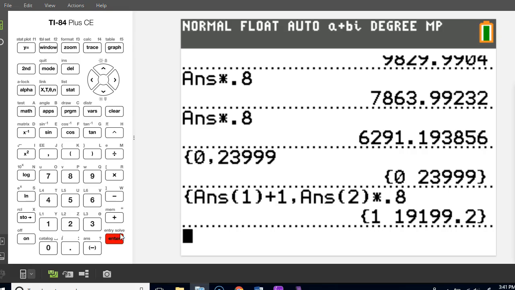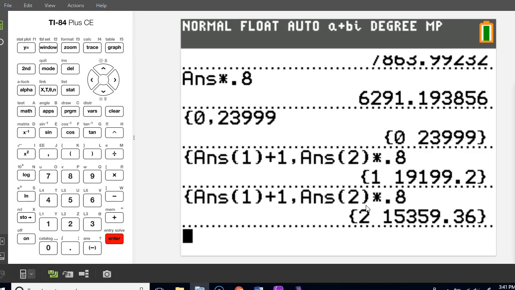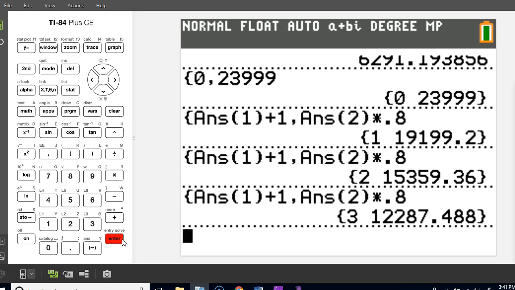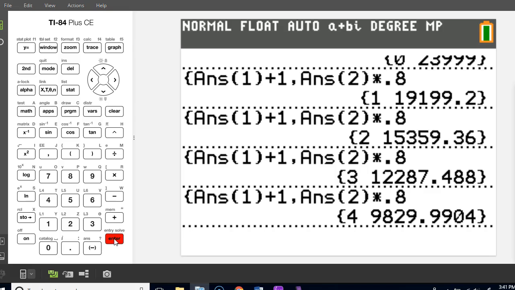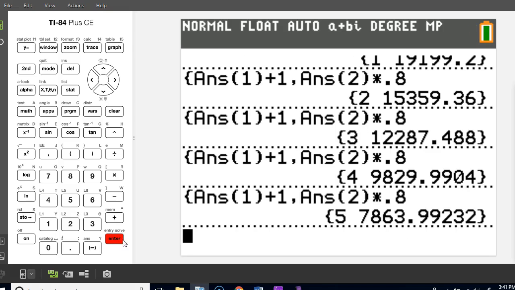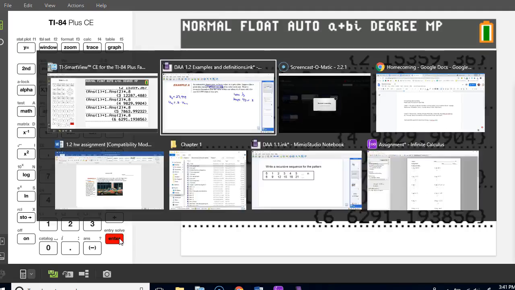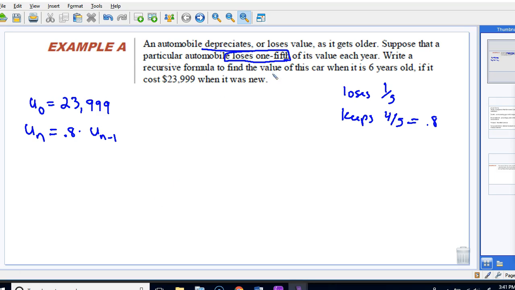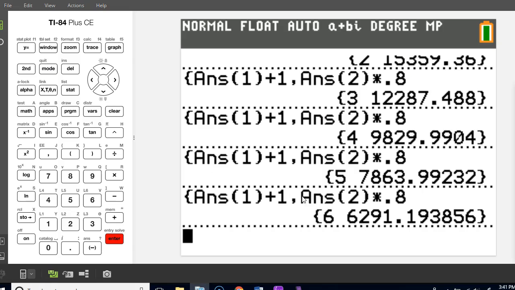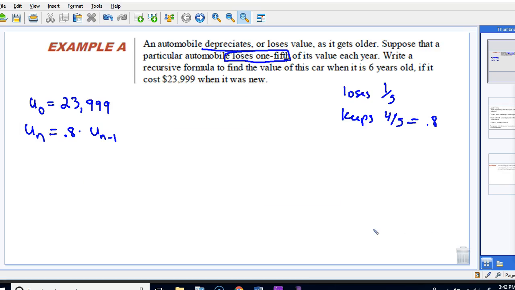So when we hit enter, after year 1, that's how much the car is worth. Year 2, that's how much the car is worth. Year 3, and year 4, and then year 5. Okay, so I think we have to go to year 6, right? Find the value of the car when it is 6 years old. So how much is the car when it's 6 years old? $6,291.19.